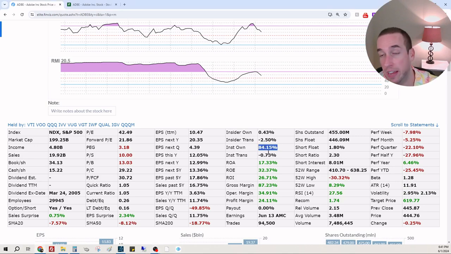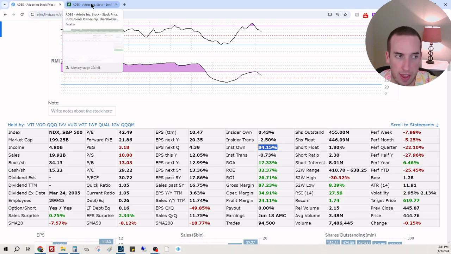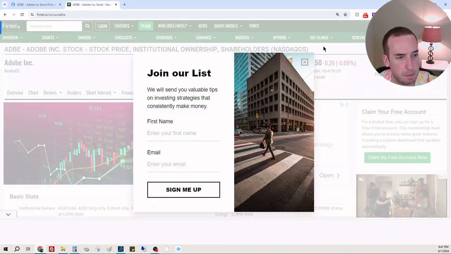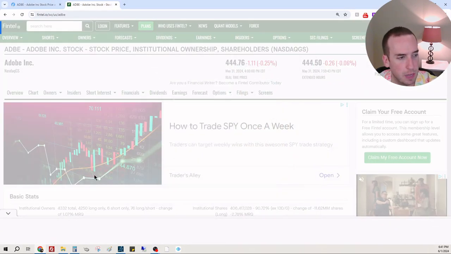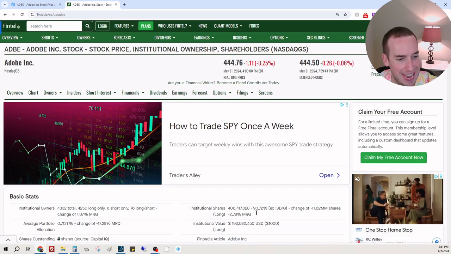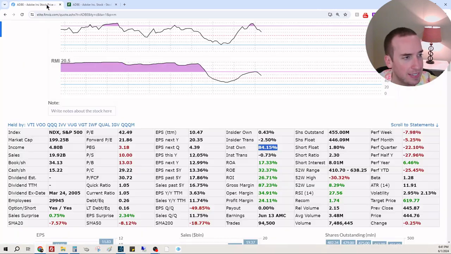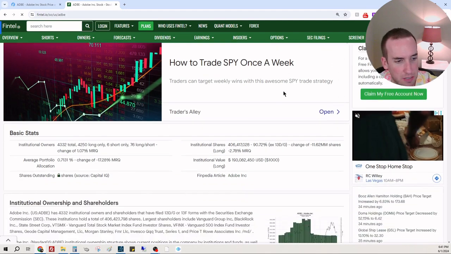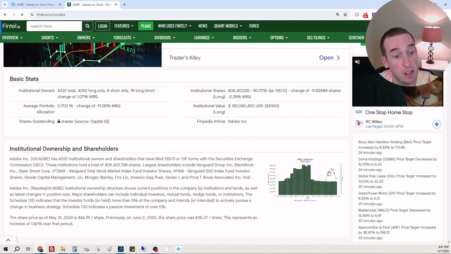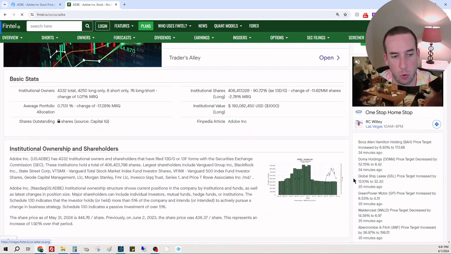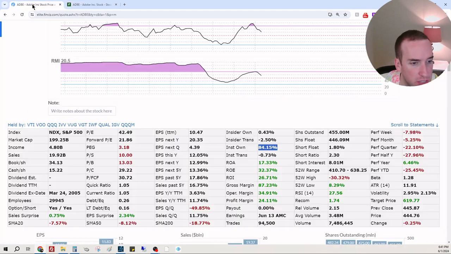So old data says they have 84% ownership. This new data should show more than that. 90%. So that is over a 6% increase, which is nice. Look at this, they got shaved. That was the high.